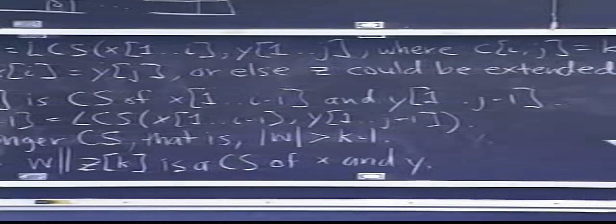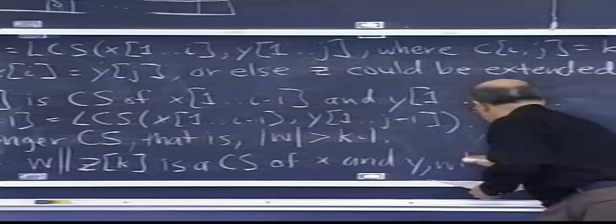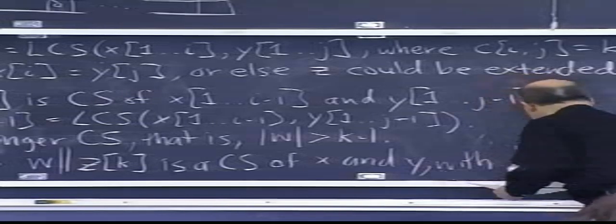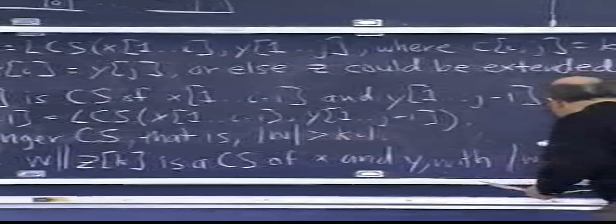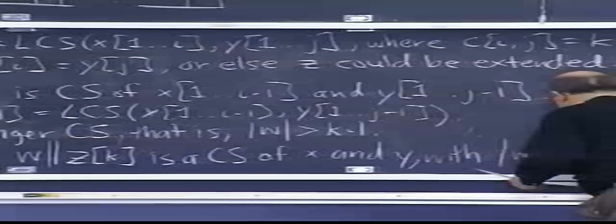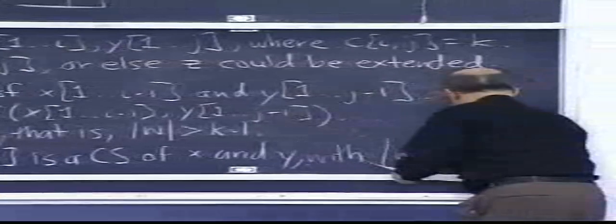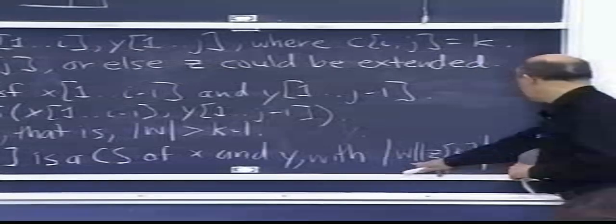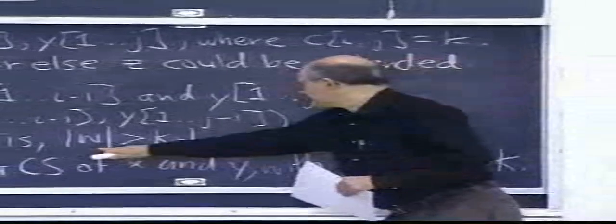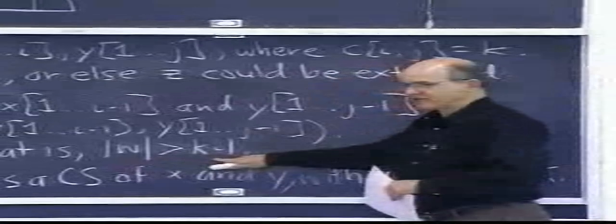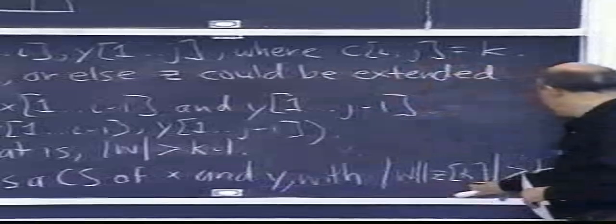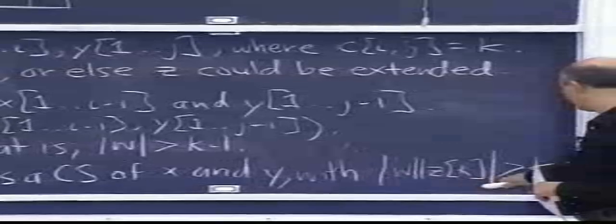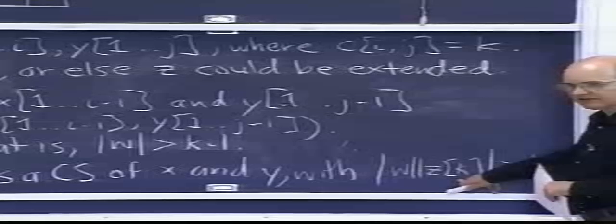But the length of W concatenated with Z of K is now greater than k, because the length of W is greater than k minus 1, and the length of this is therefore greater than k, because I've added one character here.